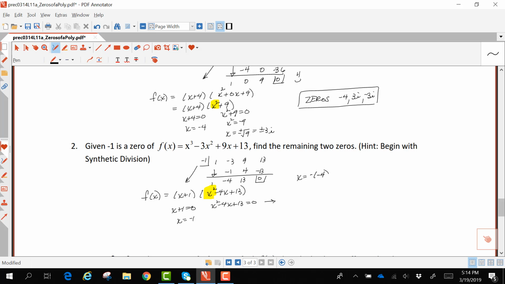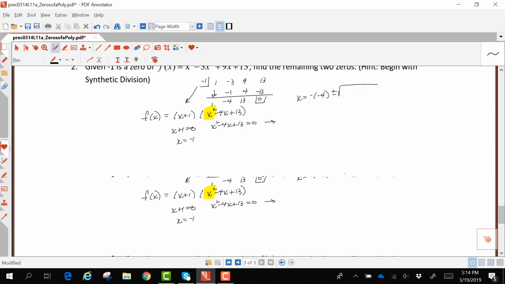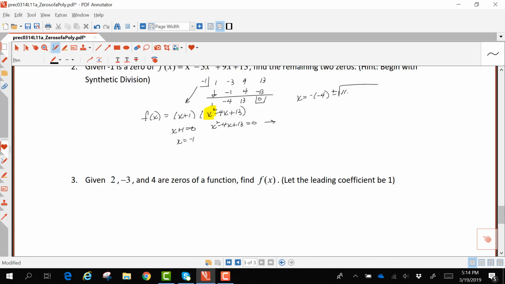I will have a negative of a -4 plus or minus the square root of b squared, which is 16, minus 4 times a times c all over 2 times a.